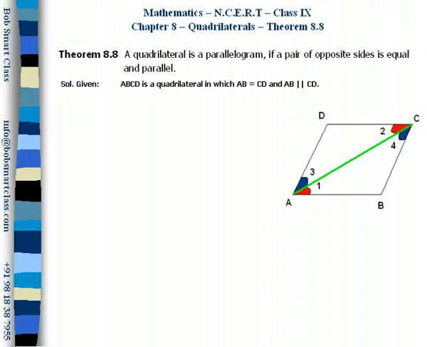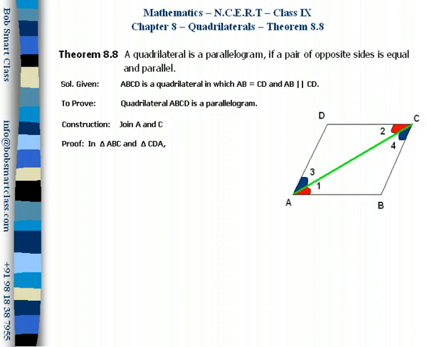We have to prove quadrilateral ABCD is a parallelogram. We will join A and C, which produces a diagonal AC which cuts this quadrilateral into two triangles, triangle ABC and triangle CDA. Now let's try to prove it.